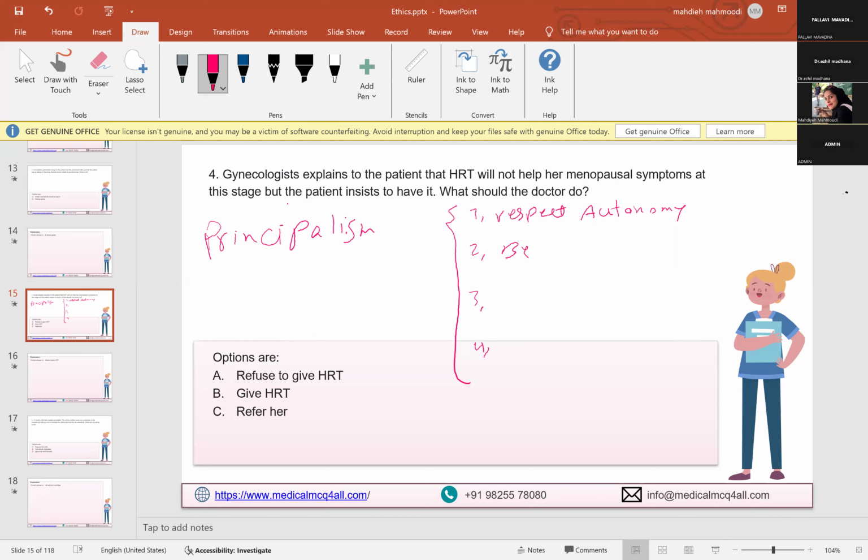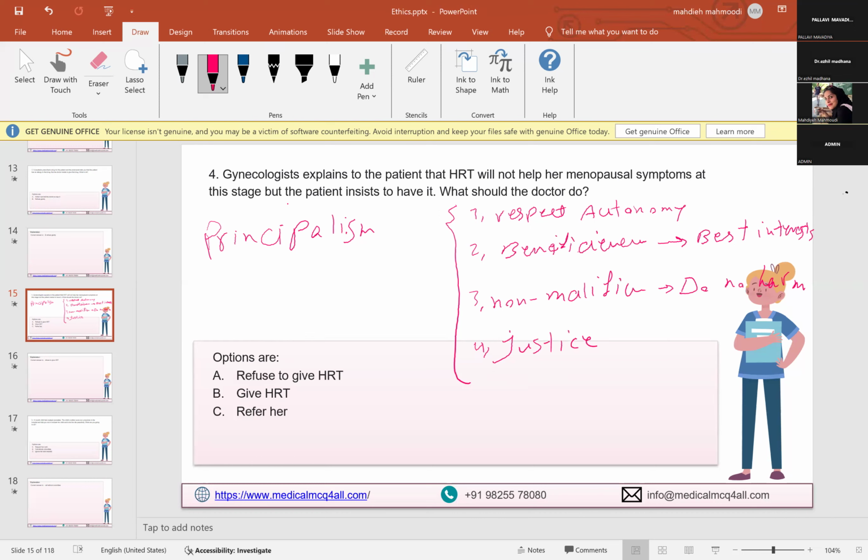Second, beneficence. It means you have to do everything on the patient's best interests. Third, non-maleficence, which means do no harm. And the fourth is justice.